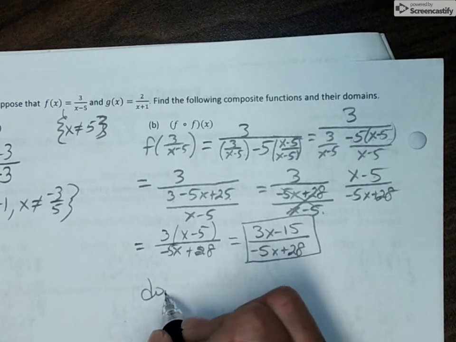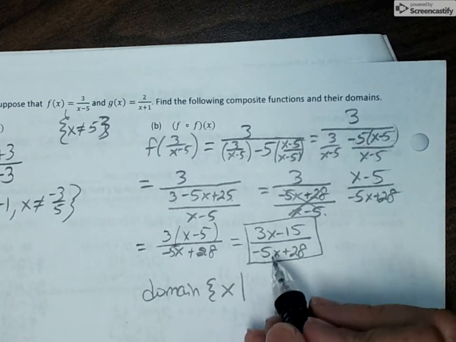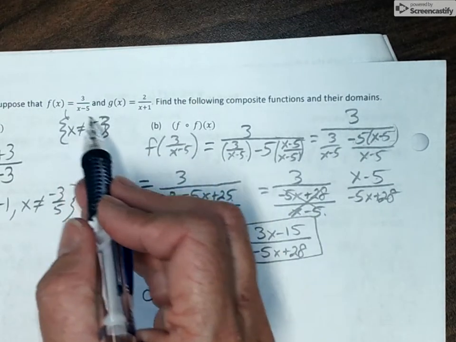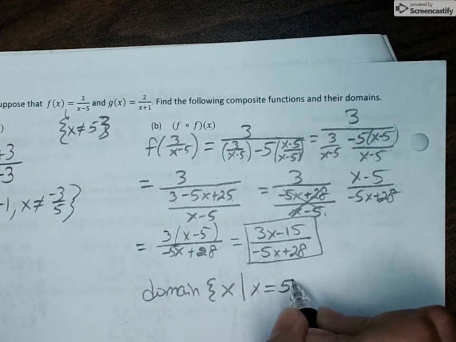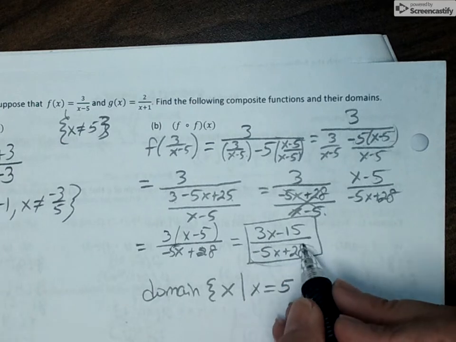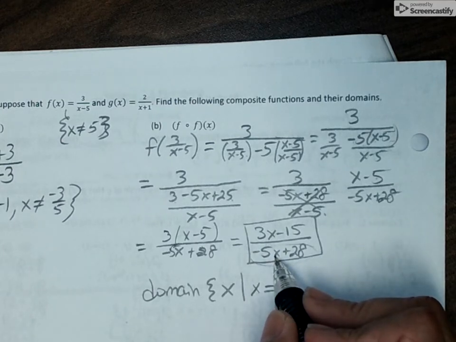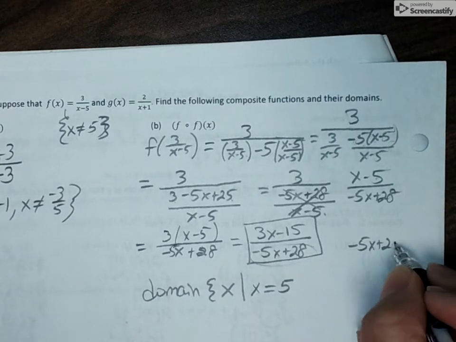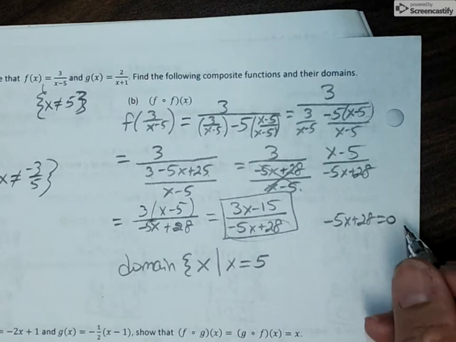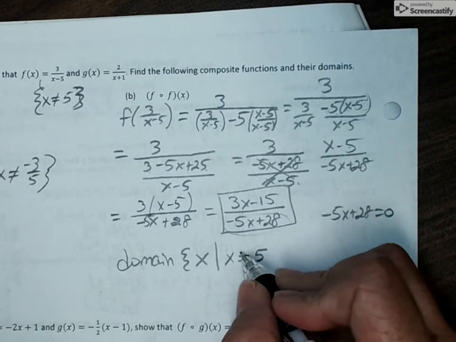What is the domain of this? So the domain is going to be limited to what the domain was of f of x, which was simply x could not equal positive 5, and whatever value of x would make the denominator equal to 0. So let's set negative 5x plus 28 equal to 0, and solve for the x value that I have to exclude from the domain.